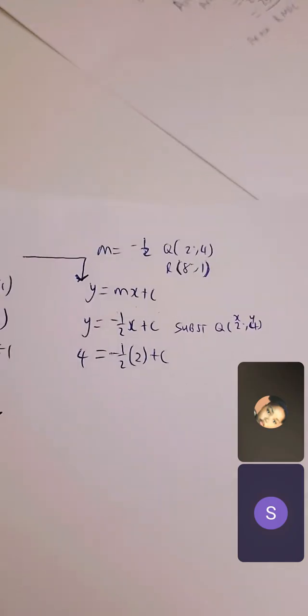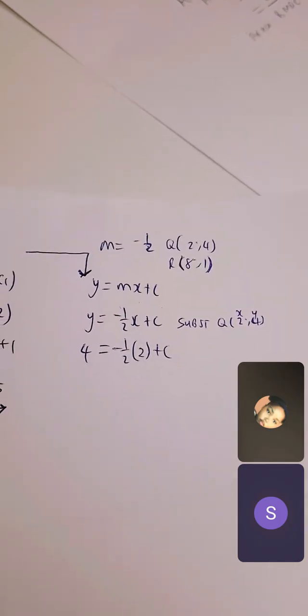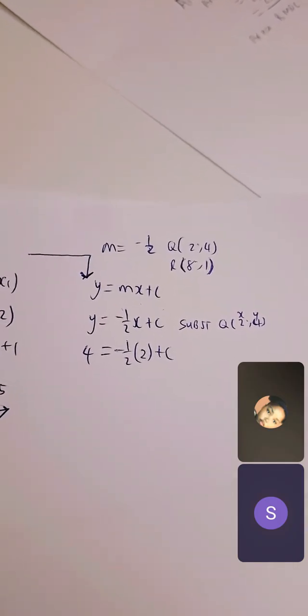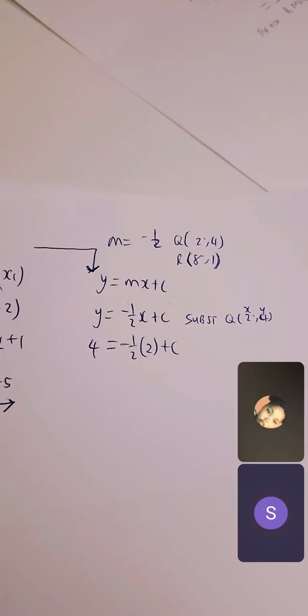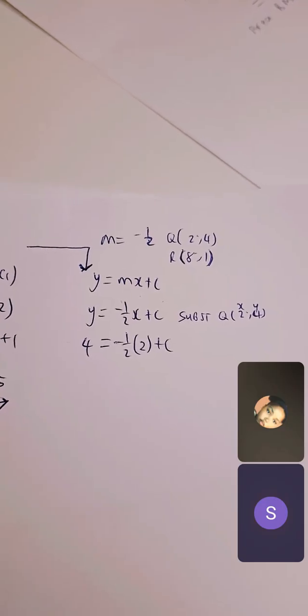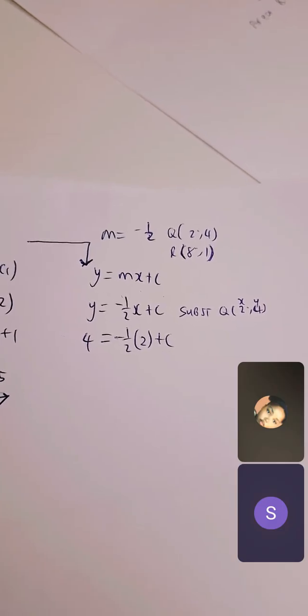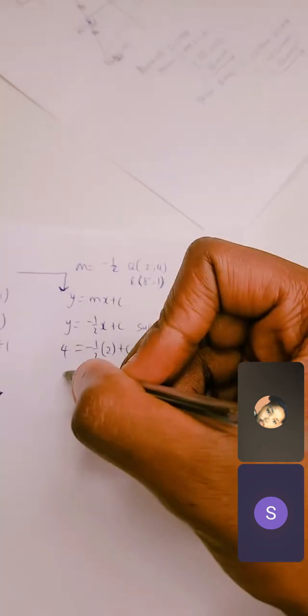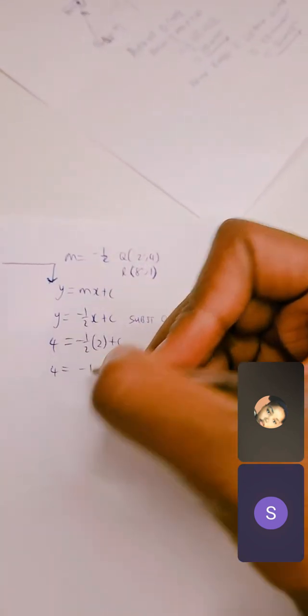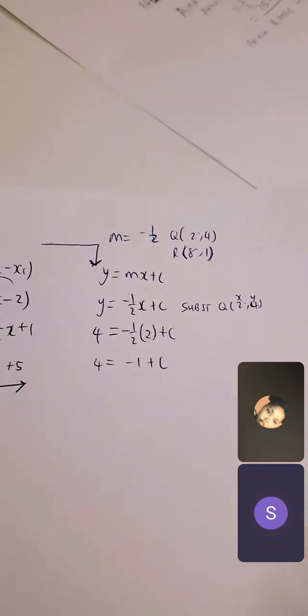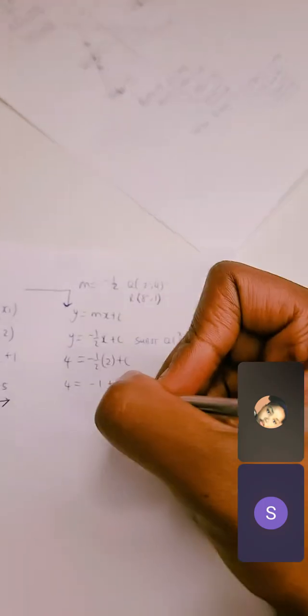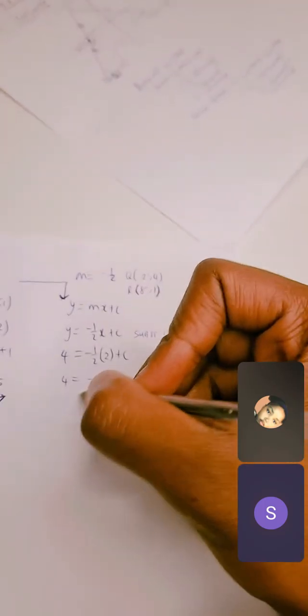Then -1/2 times 2 will give us -1. Then c will give us 5.